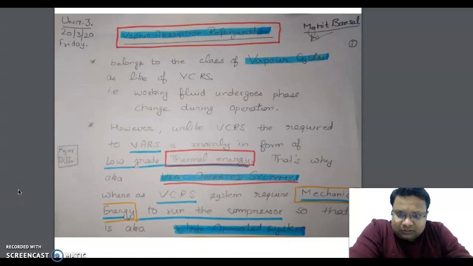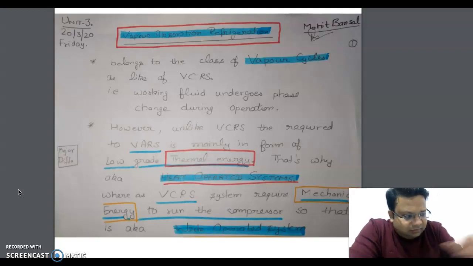Now, in this lecture and in the subsequent lectures from now onwards, we will study vapor absorption refrigeration systems and partly we will discuss the refrigerants. In today's lecture, we will first discuss the vapor absorption refrigeration.